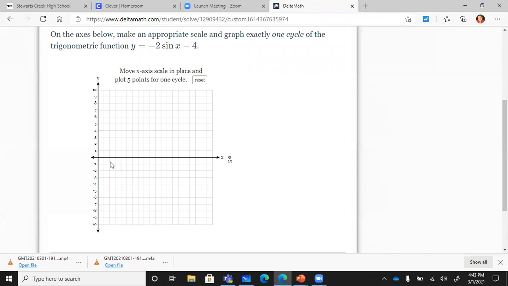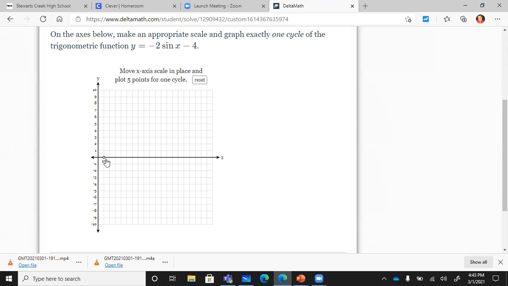And let's see, if I want my 2 pi to end at a certain place, so I know I'm going to have a quadrant 1, middle, quadrant 2.